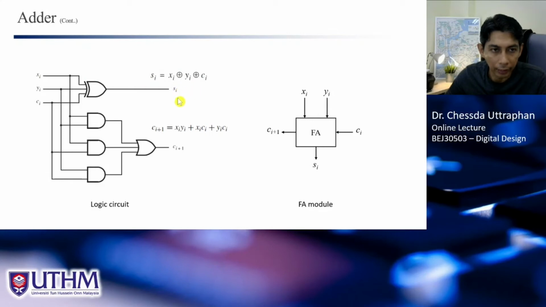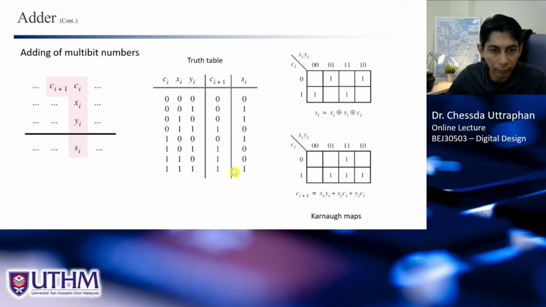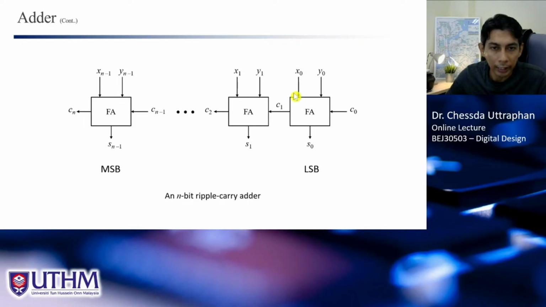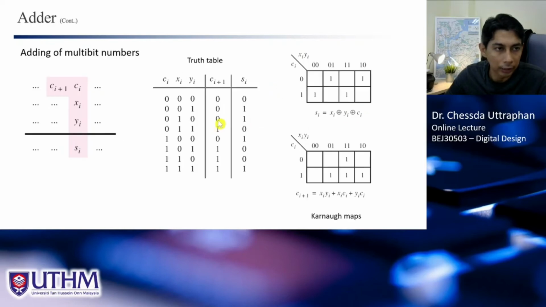Where we can have Si for this one, and Ci plus 1 for this one, and we can connect like this, where this is C0, this is C1, which is this one, right? If this is C0, we can connect the output, the C1, to the next one.